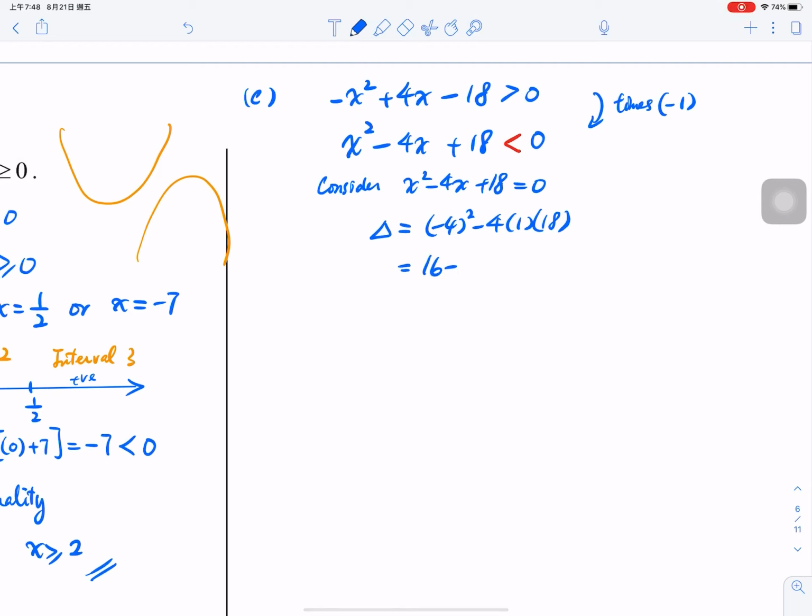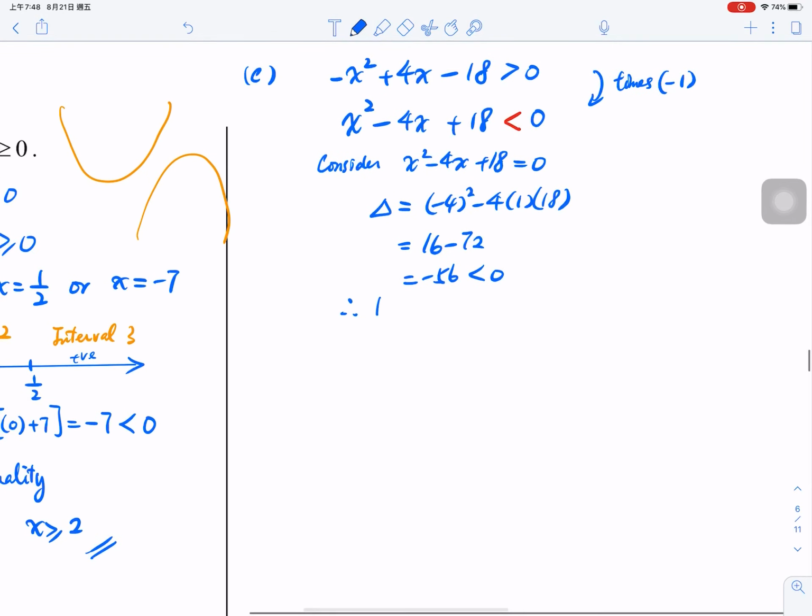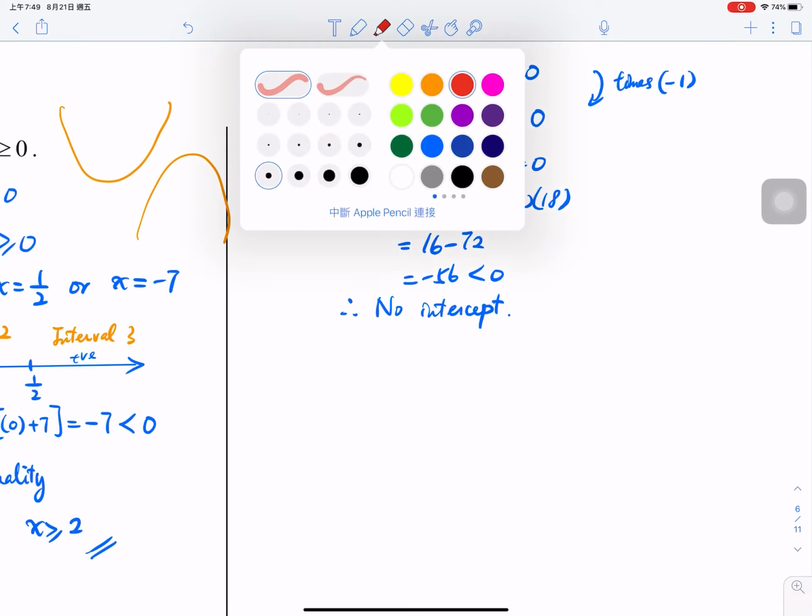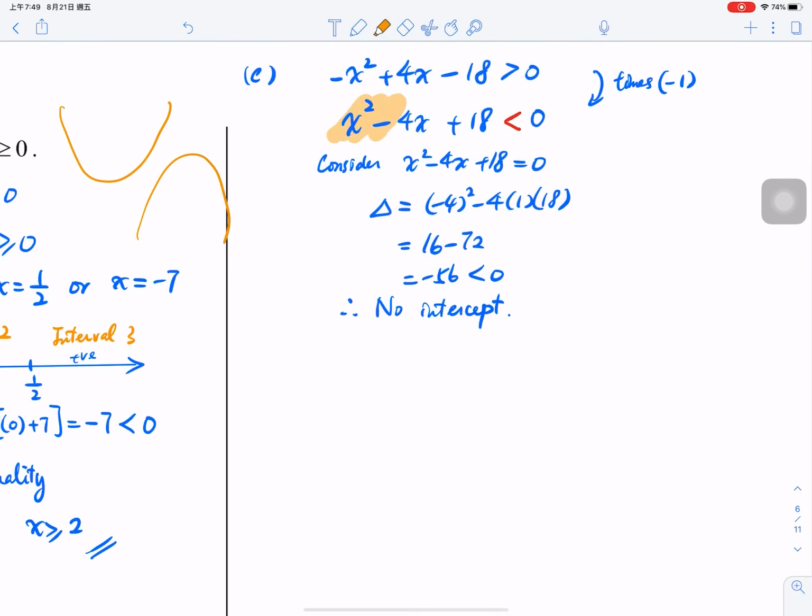So this one 16 minus 72, negative 56, which is smaller than 0, therefore no intercepts. Okay? So think about this one. Now we focus on this one. Let's highlight this one. This one has no intercept. You can just sketch it roughly.